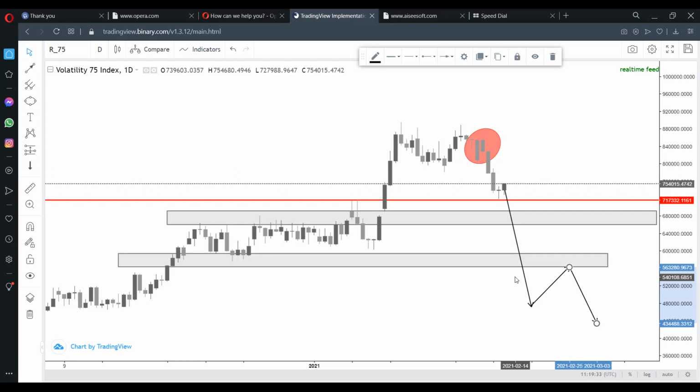Those indicators are always saying that you should sell when the market is trading below, and look for buys when the market is trading above.